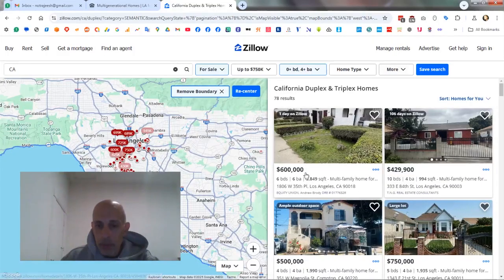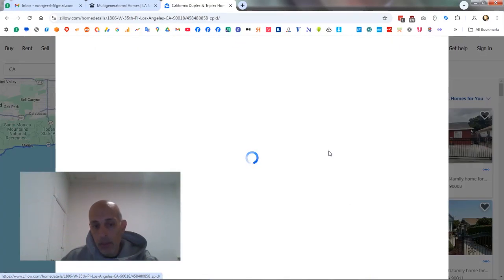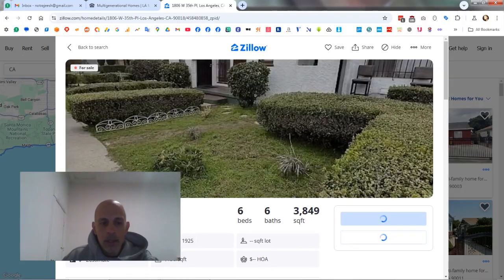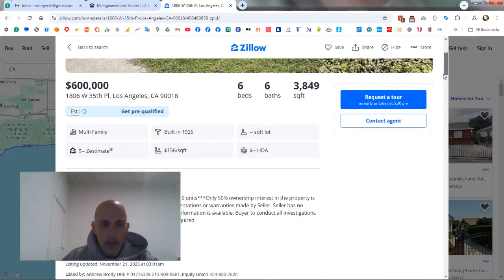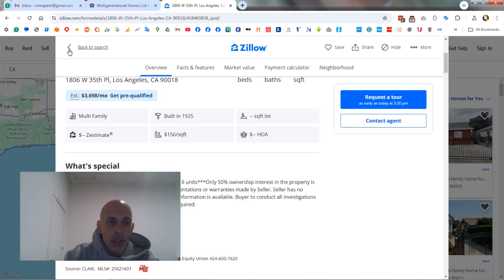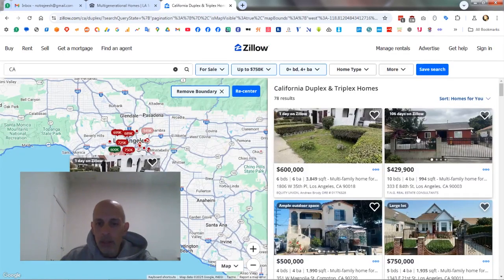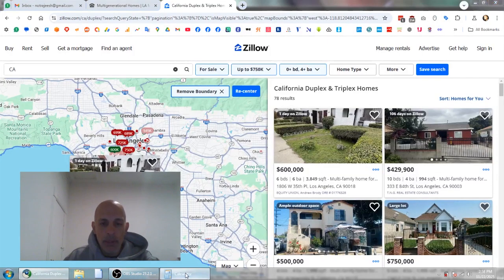This one pops up at 6 beds, 6 baths, but it might still be a duplex or a triplex. This just says multifamily. It doesn't indicate what type it is. This is 6 units, so this would definitely qualify for a DSCR loan, but you would need to put 25% down.